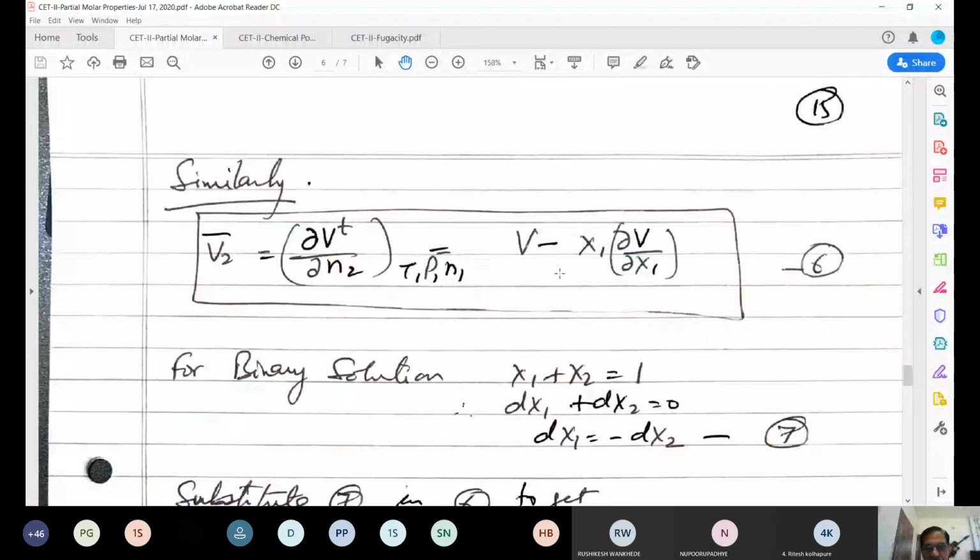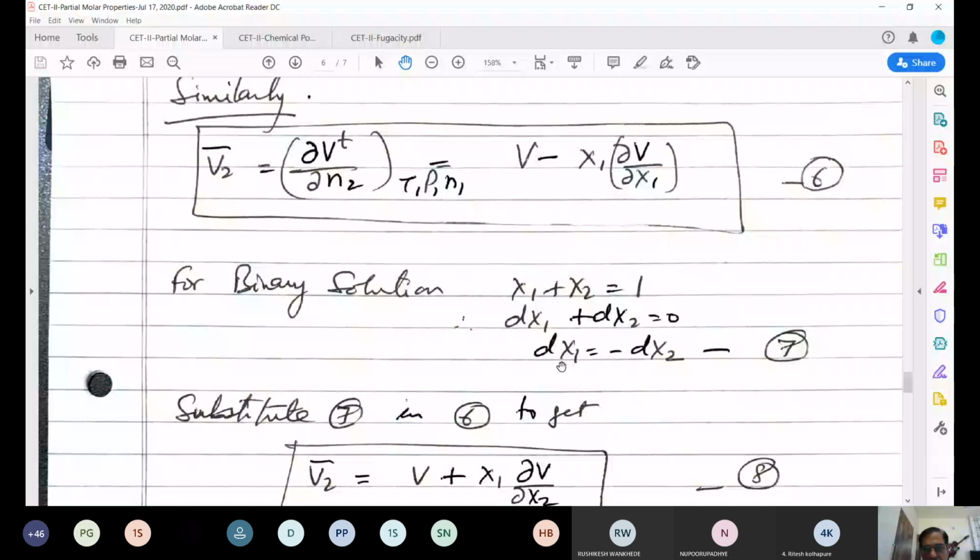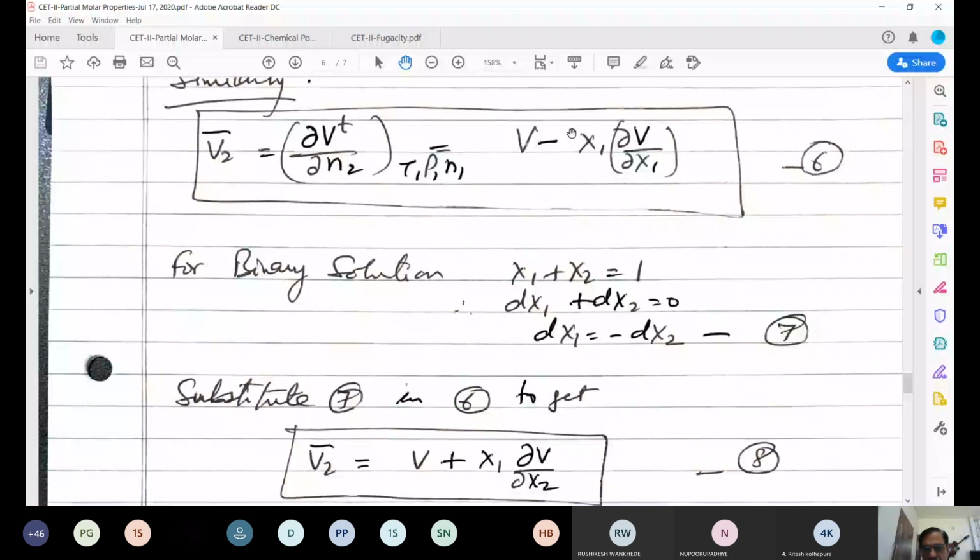Okay. So now what we'll do is we'll replace this ∂x1 by ∂x2. dx1 is equal to minus dx2. So what we get is V2 bar is equal to V plus x1 into ∂V/∂x2, because dx1 is equal to minus dx2.